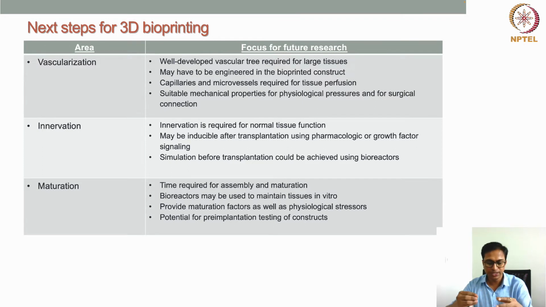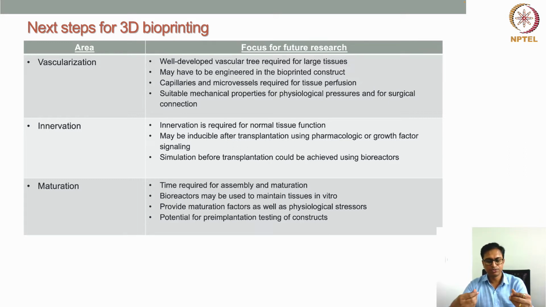Suppose we connect it to the artery and there is a huge pressure during the systolic event, there should not be a bursting of the blood vessel. They can actually work in that physiological pressure range very well. That means they can dilate and constrict, but they should not get damaged at that pressure level.